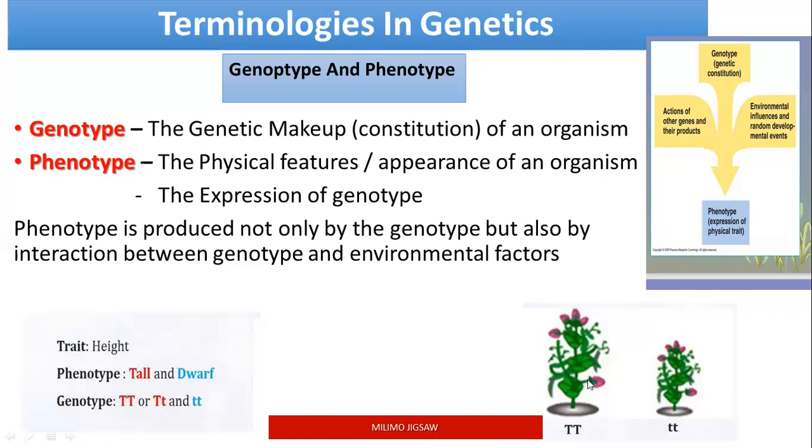So when we are contrasting differences between the phenotype and the genotype, the phenotype is the morphological appearance that an organism has, while the genotype is the genetic makeup of that organism.